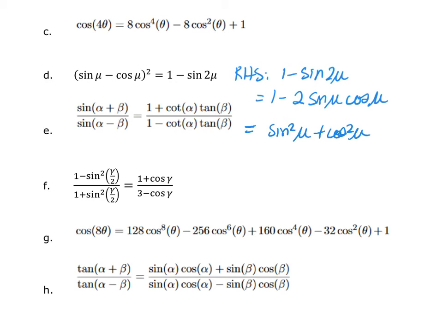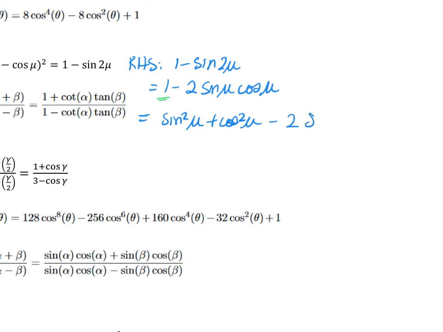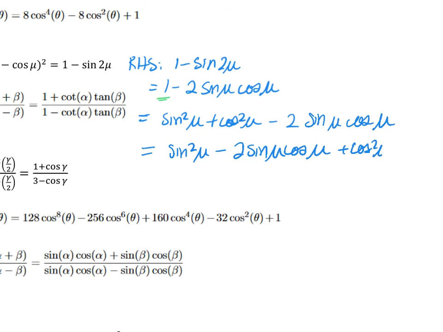Now remember, I'm replacing this number 1 with that, and then minus 2 the sine mu cosine mu. I'm just going to reorder and reorganize this. So I'm going to write this as the sine squared mu minus 2 the sine mu cosine mu plus the cosine squared mu.